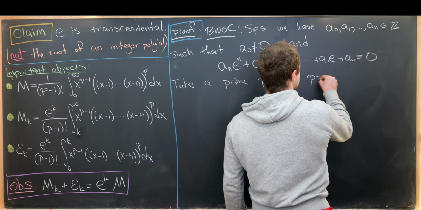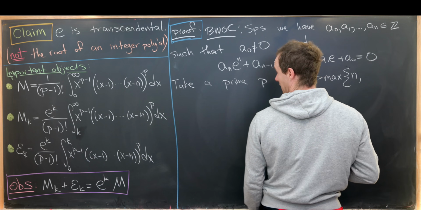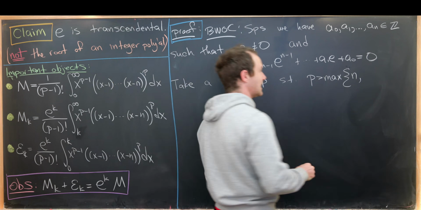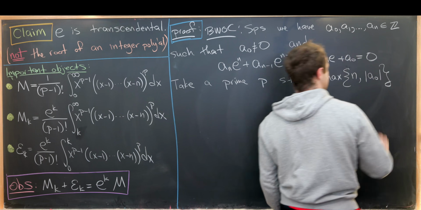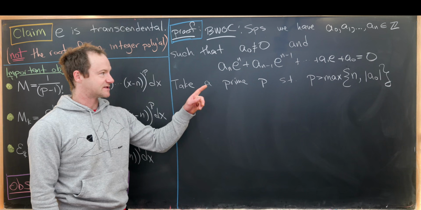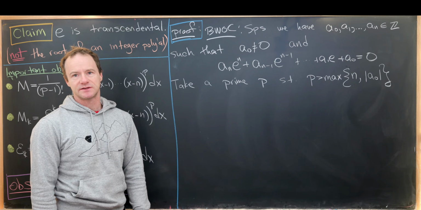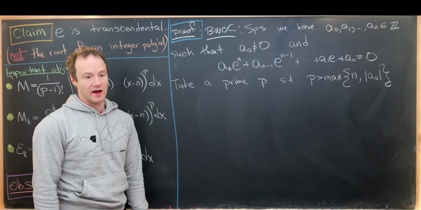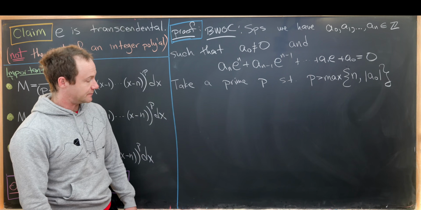So p is larger than the maximum of the number n, the degree of this polynomial, and the absolute value of a naught. That means it's larger than n and it's larger than a naught. And we're able to do this because there are an infinite number of primes, so we can always find a larger prime if we wanted to.